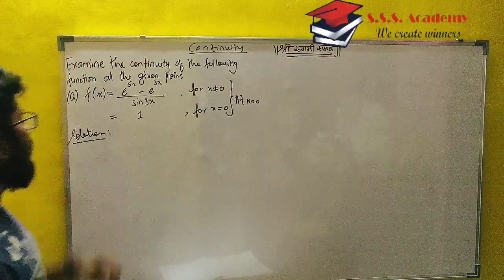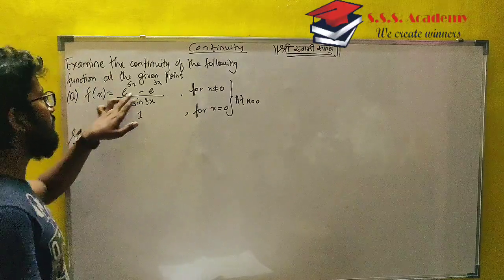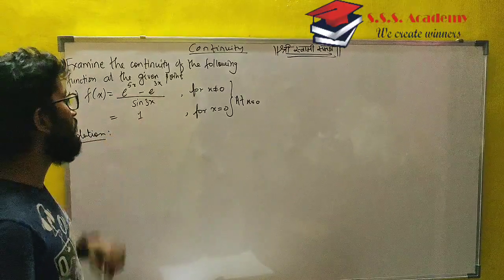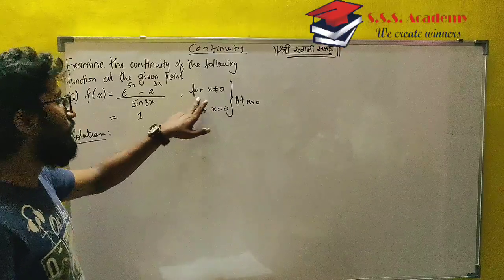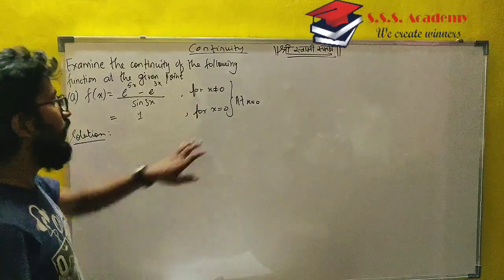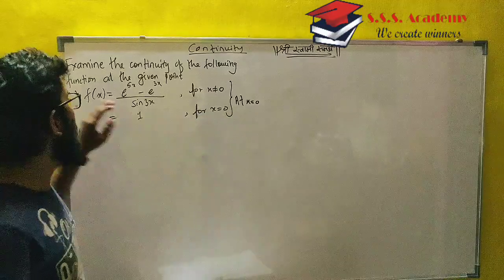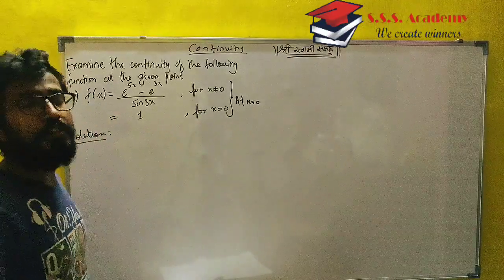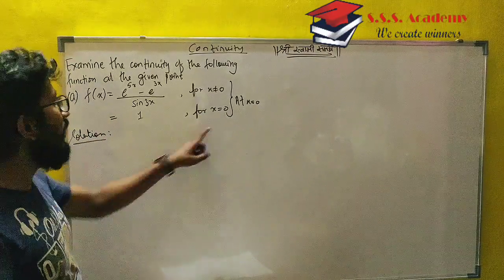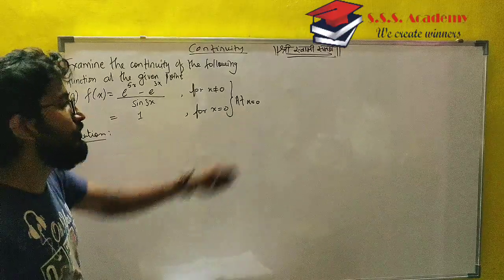The function is e raised to 5x minus e raised to 3x upon sine 3x for x not equal to 0, and when x equals 0 the function value is 1. We have to discuss the continuity at x equals 0.